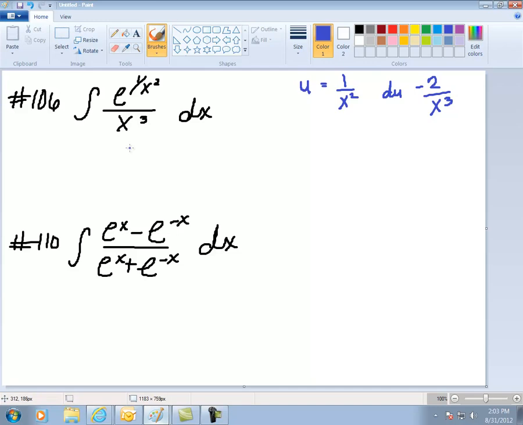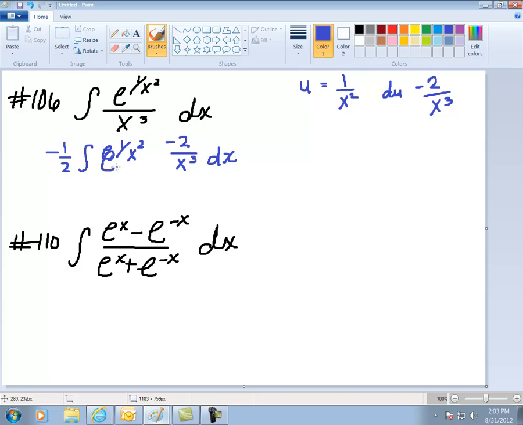Notice that I have the over x cubed part, I don't have the negative 2. So I want to have a negative 2 in the x cubed dx. That's going to be my derivative. Because I put in the negative 2, I have to put a negative 1/2 out front.